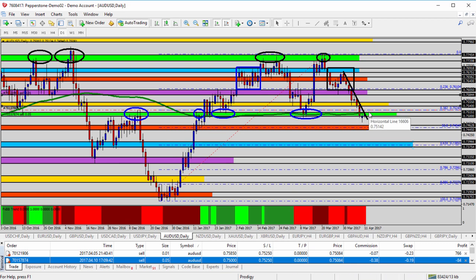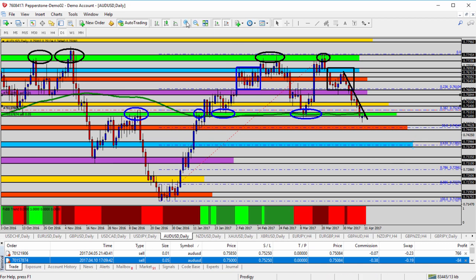So we're currently underneath the 38.2 fib of this previous trend range. If the market stays underneath that 38.2, we might look for it to continue down to the 50% area, the orange shaded area, or even the 61.8, which is the blue zone down here in the mid to upper 73s. So there's some Fibonacci also aligning with our colored shaded areas that we see here on the chart.